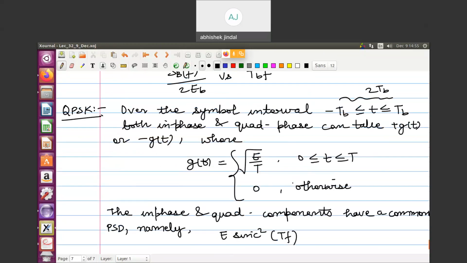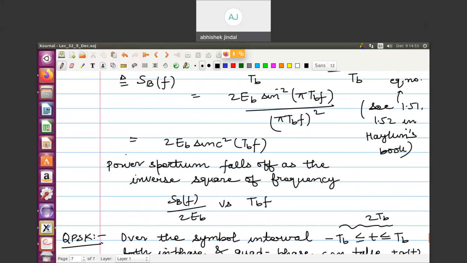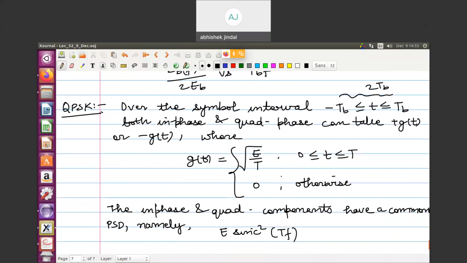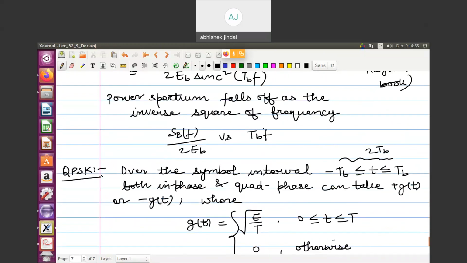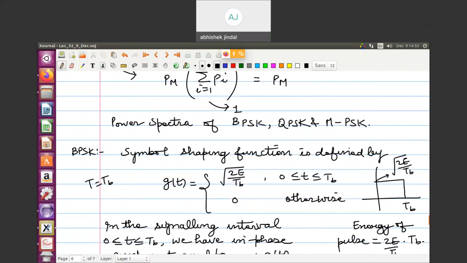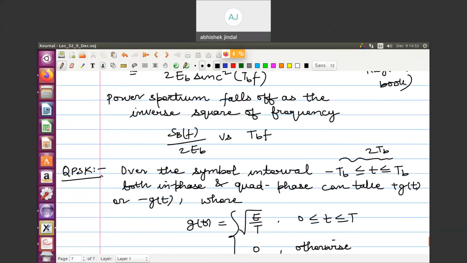Let us see how you get it. So what is it? This is this. So twice of EB sinc square TB into f. Okay. So here you get E times sinc square T f. Why? Because this TB gets replaced by T and this twice of EB gets replaced by the energy. Here the energy inside was twice of EB. Our energy is this E.